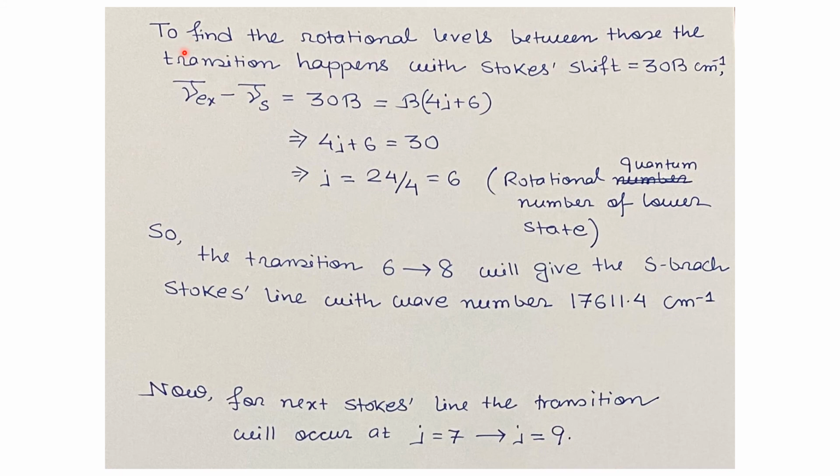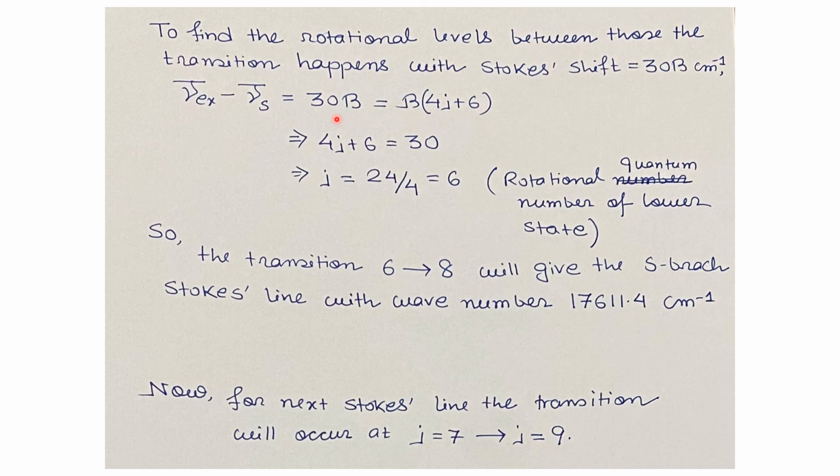Now to find the rotational energy levels between which the transition happens, we use the Stokes shift that we have calculated in the previous slide, that is 30B centimeter inverse. Now from the working formula we have seen nu Ex bar minus nu S bar for the Stokes line equals B times 4J plus 6. So we will equate this B times 4J plus 6 with 30B.